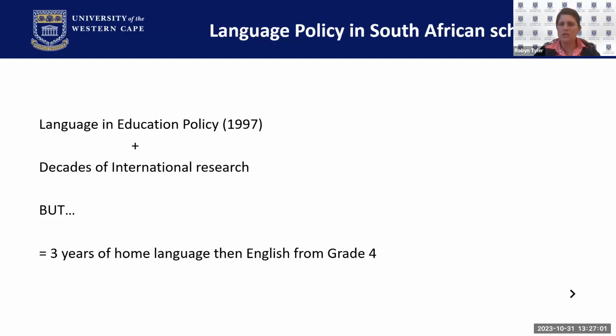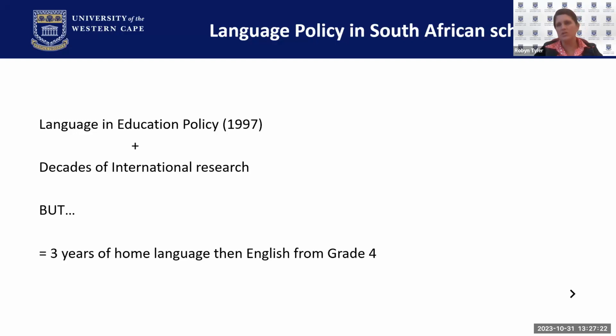But despite that, in South Africa, we have a situation where for the majority of our learners, they're experiencing an early exit model of bilingual education, where African language speaking learners go through the first 3 years of primary school learning through their home language or a standardized variety of that language, and then at the beginning of grade 4, switch to an English-only curriculum.